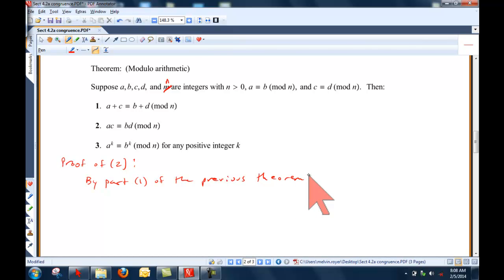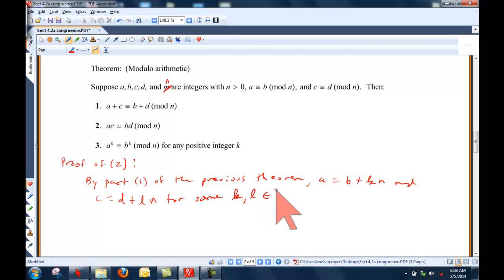We know then that A is B plus kn, and C is D plus, say, ln for some k and l from the integers.